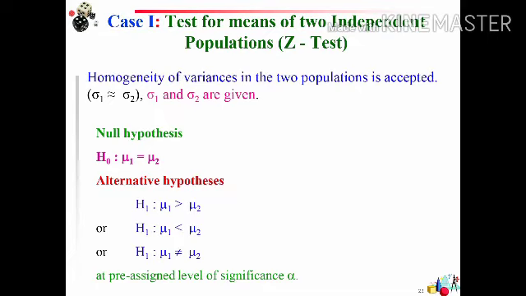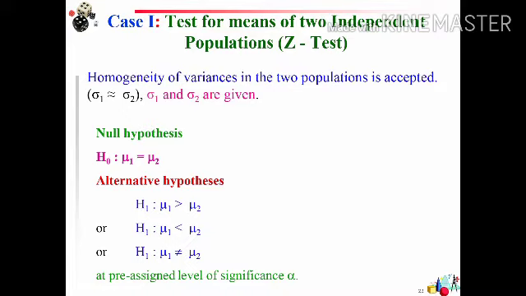Case 1. Test for comparing the means of two independent populations by Z test. One of the main assumptions is that homogeneity of variance in the two populations is accepted, that is sigma 1 approximately equal to sigma 2, and sigma 1 and sigma 2 are given. The null hypothesis H0 is that mu1 equal to mu2.